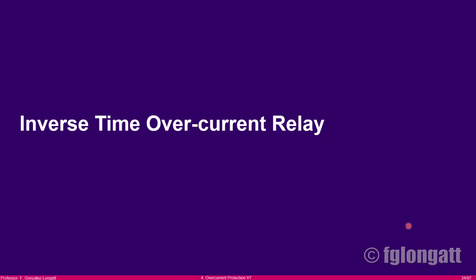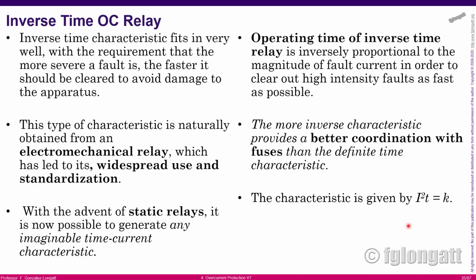Okay, now engineers realized that using this characteristic, it was not good enough to provide selectivity and coordination between overcurrent relays, and that is when we start to use what we call inverse time overcurrent relays.